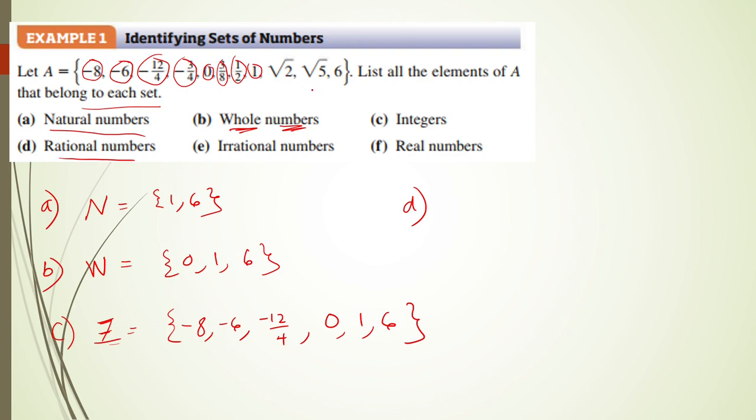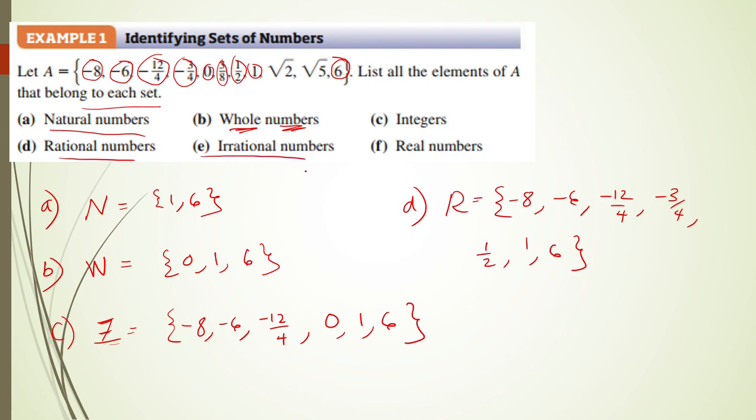The square root of 5 cannot be written as a fraction. 6 can be, so these are our rational numbers. We'll use R to denote our rational numbers: -8, -6, -12/4, -3/4, 0, 3/8, 1/2, 1, and 6. These are the list of rational numbers.